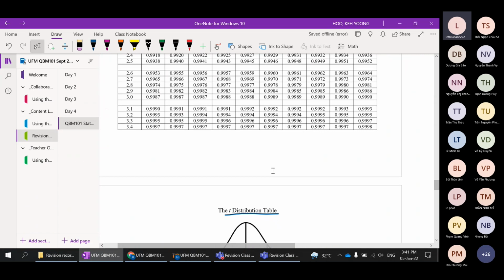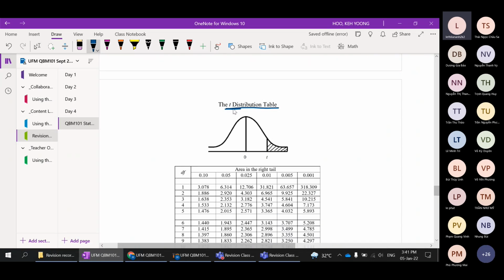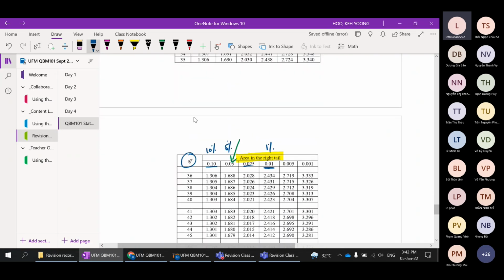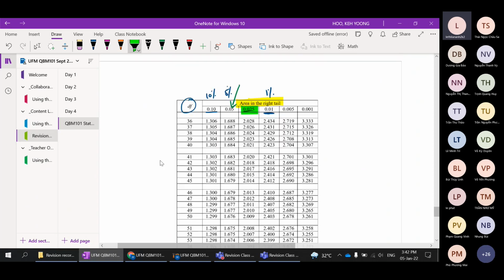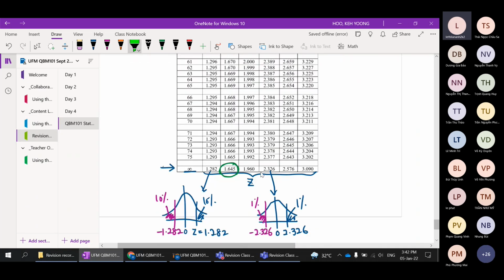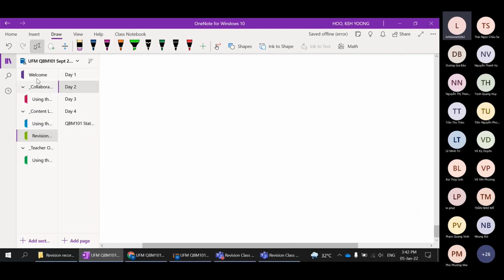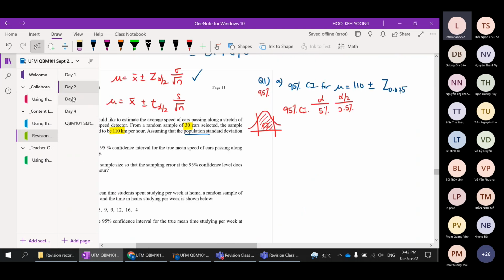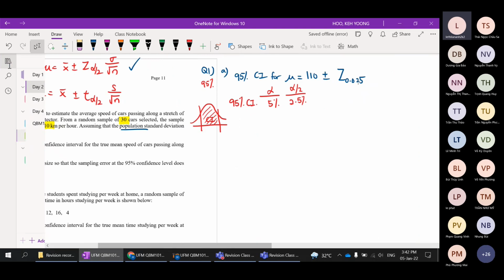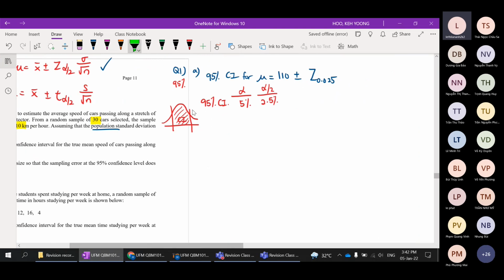We look at the distribution table and look for the area. Right now the area is 2.5%, so we look at 0.025 and go all the way down. The Z value is 1.96.